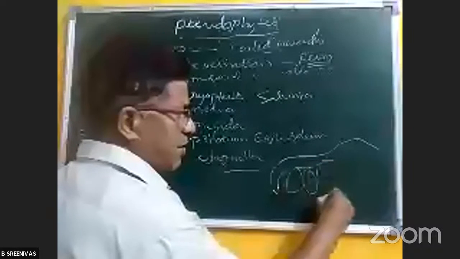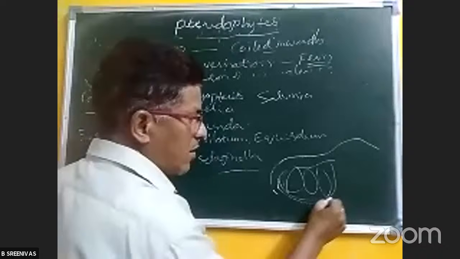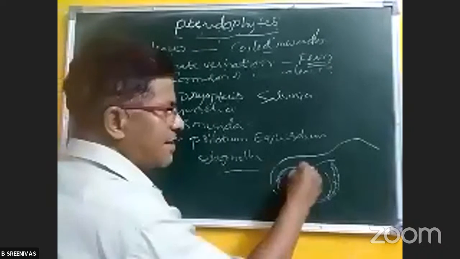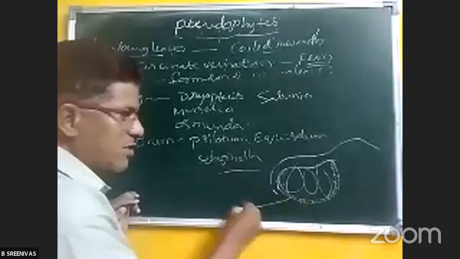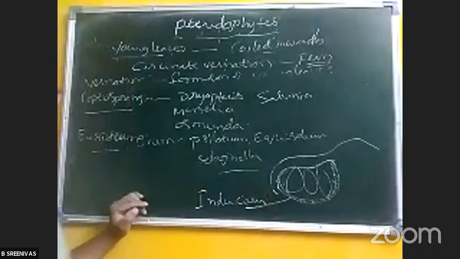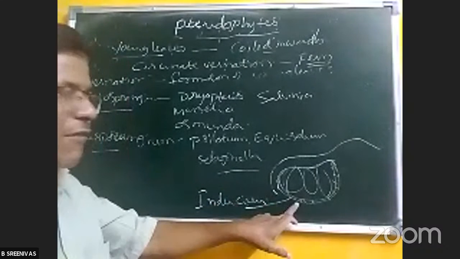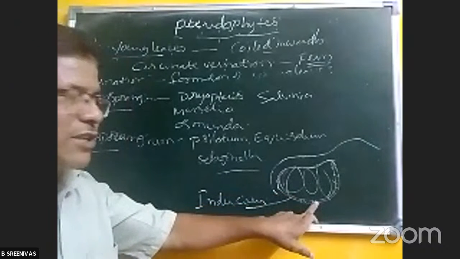These sporangia are covered by a thick layer of cells, a kidney-shaped covering. This is called the indusium. Okay, Nama. So indusium means a covering present over the sporangia.